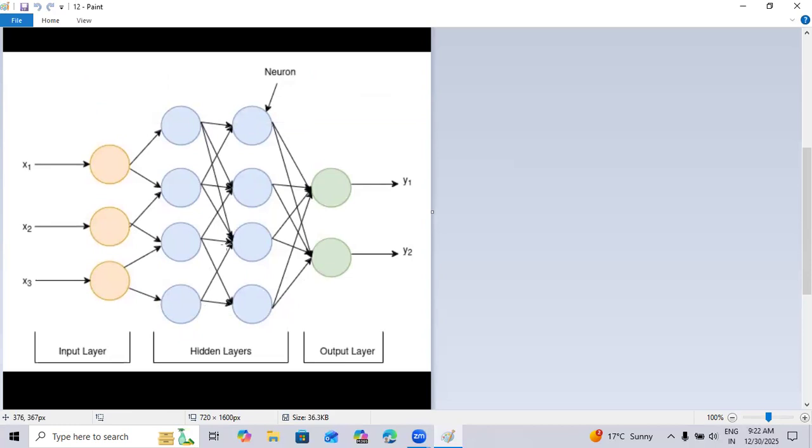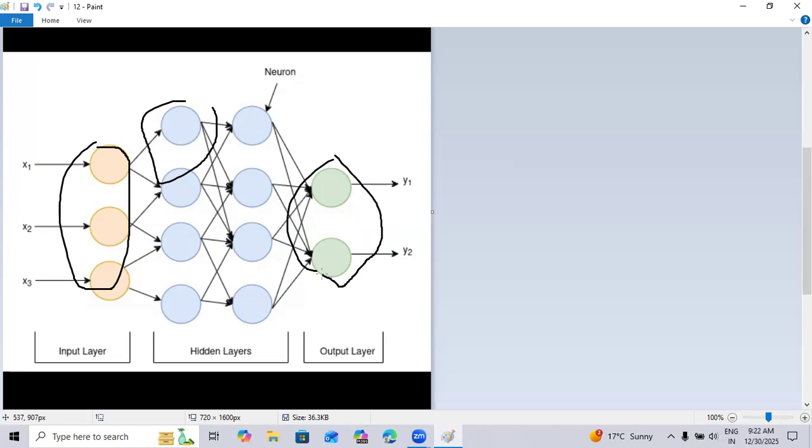This is the neural network structure. This is the input layer, this is the hidden layer, and this is the output layer.